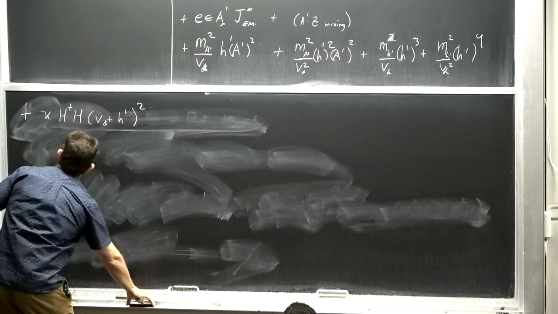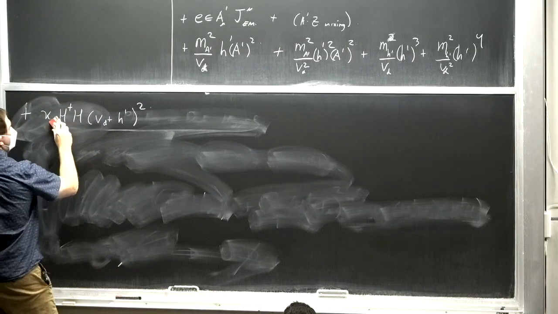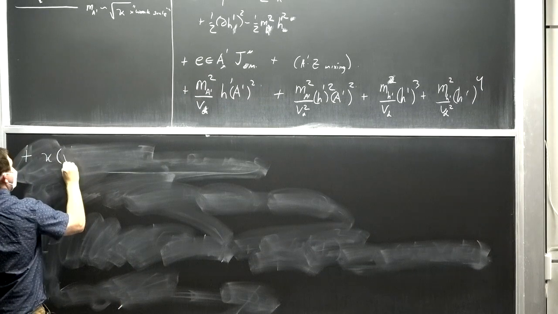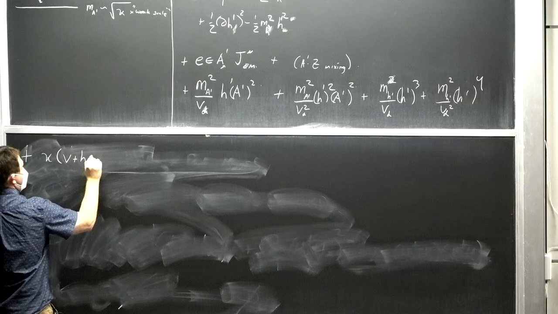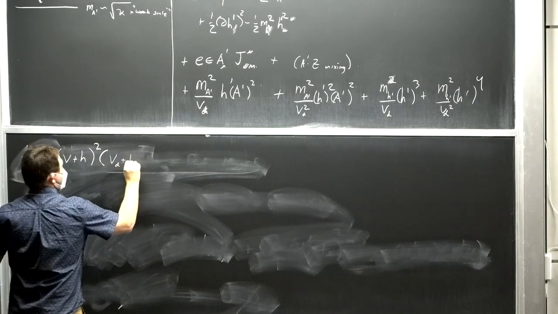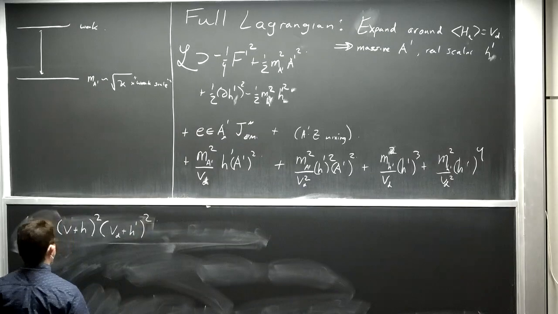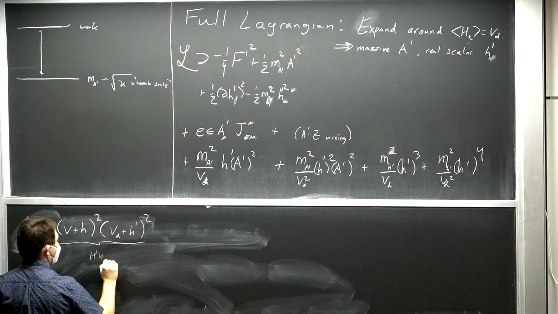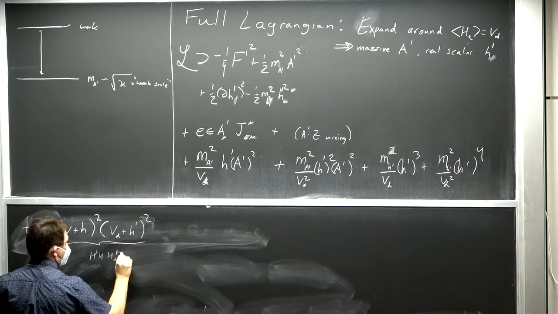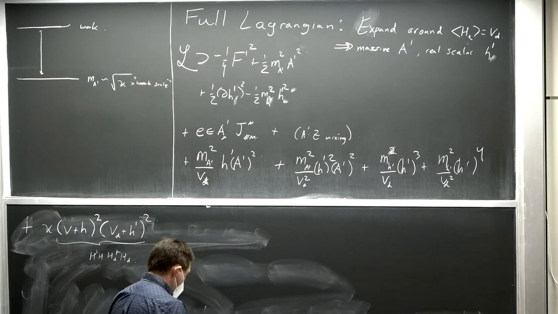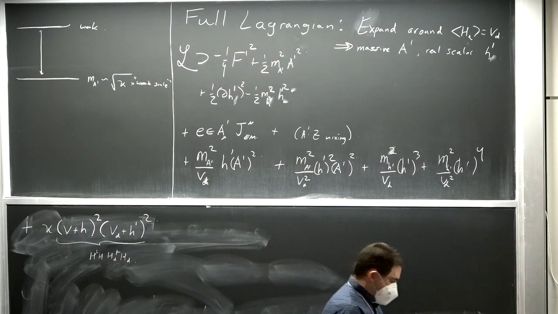Yeah. So if we want to be complete, we can write this expanded where we just put that in. So we can put V plus H squared, and then V dark plus H prime squared. But just remember, this descended from the operator H dagger H dark dagger. This came from that operator. Okay? All right.